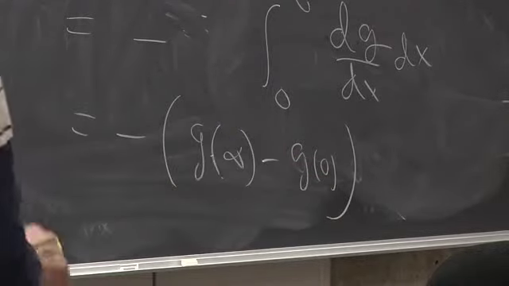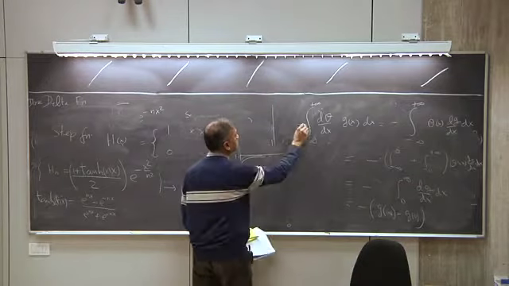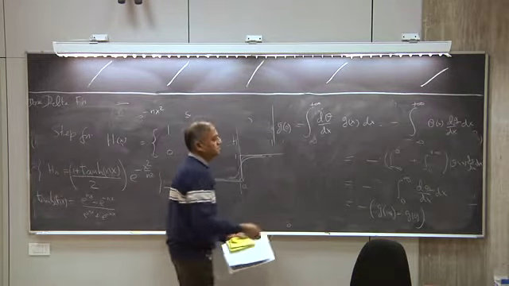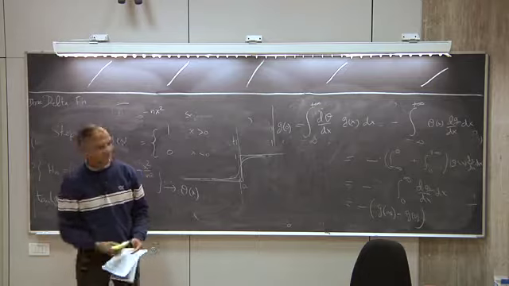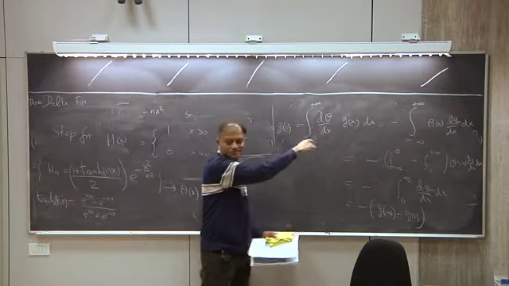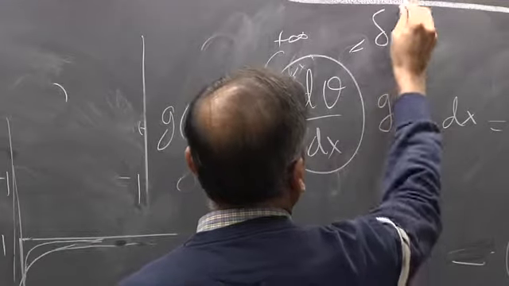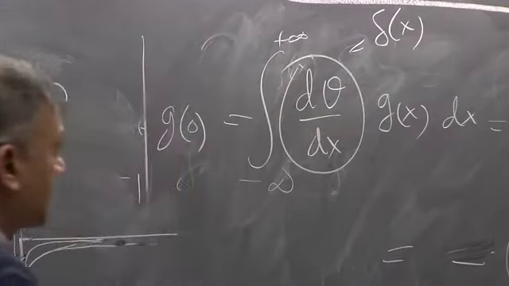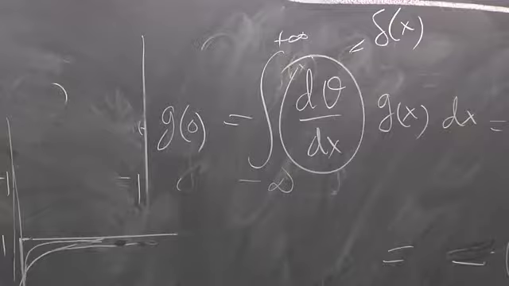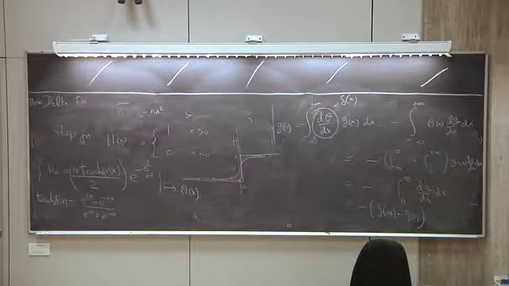So this thing is g of 0. Therefore, d theta by dx is the same as the delta function. So that's the relation between these two distributions. Now I think I've almost finished everything here.